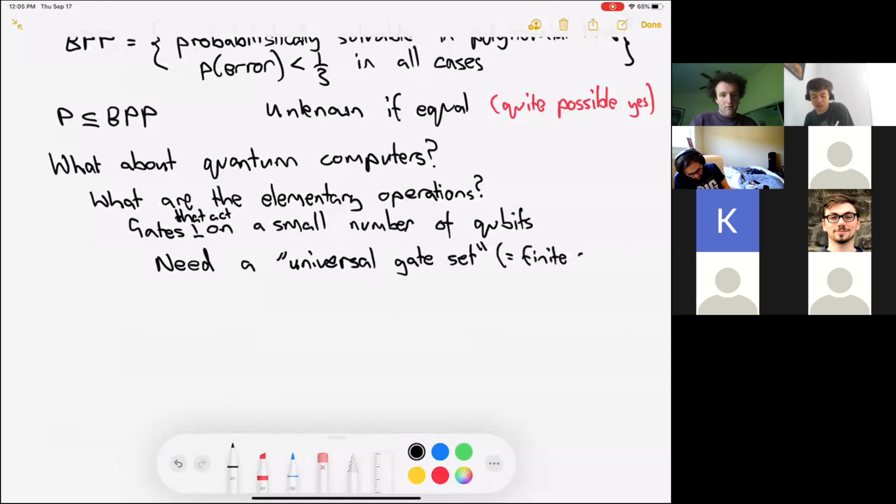So it's a finite set of unitaries that generates any unitary. By generates, I mean that I can find some circuit built out of these gates that approximates any unitary to arbitrarily high accuracy.